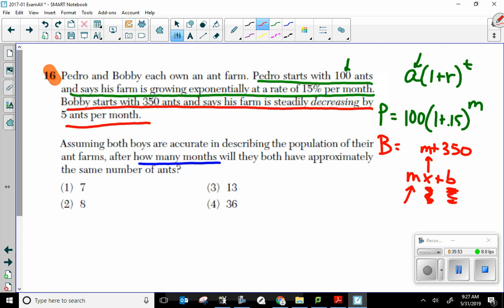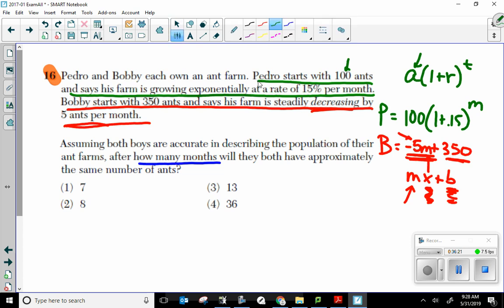I know I'm using m there, but how is that decrease? It's decreasing by 5 ants per month, so my slope is -5. It is going down 5 every month. After 1 month, -5 times 1, I'd lose 5 ants. After 2 months, -5 times 2, I'd lose 10 ants, and so forth. So I'm going to take 350 and decrease it by this amount all the time.